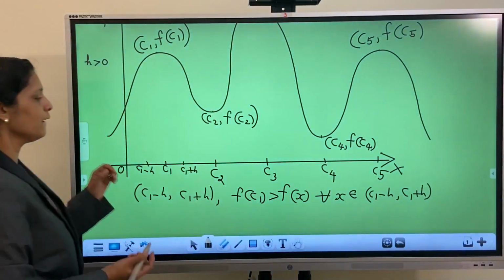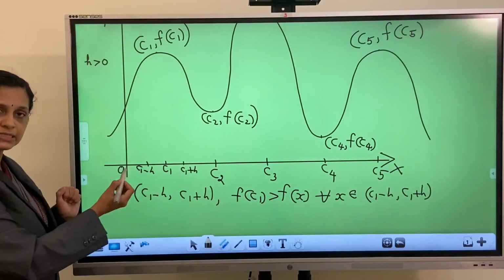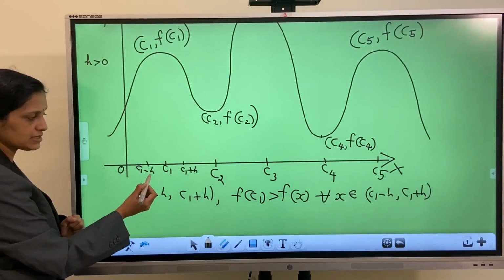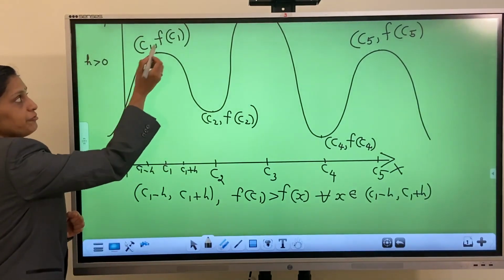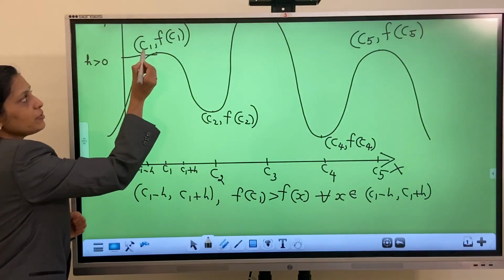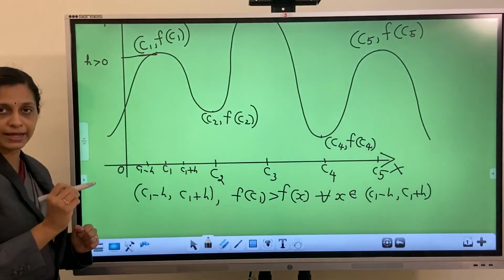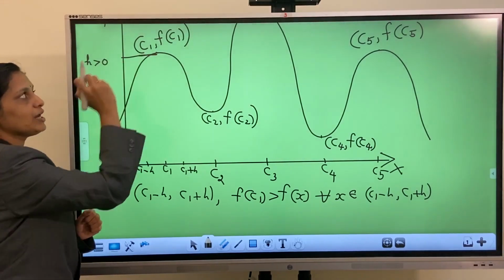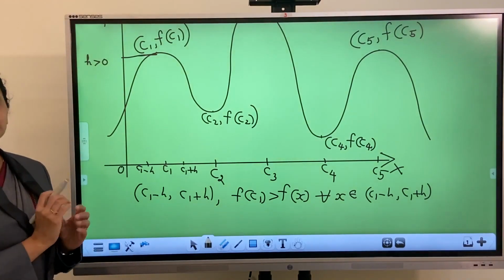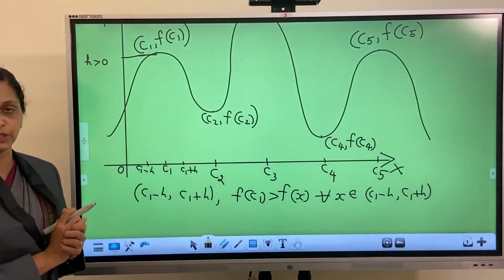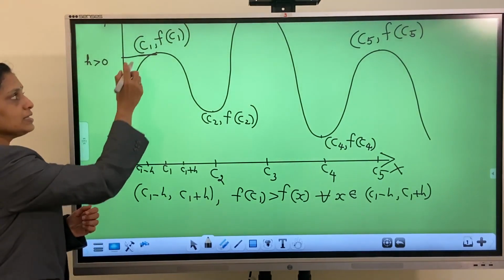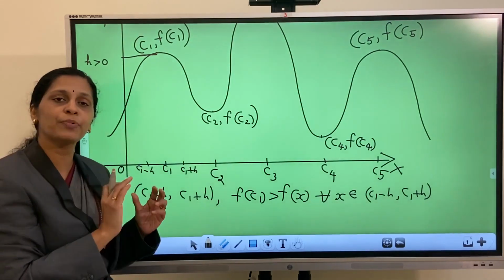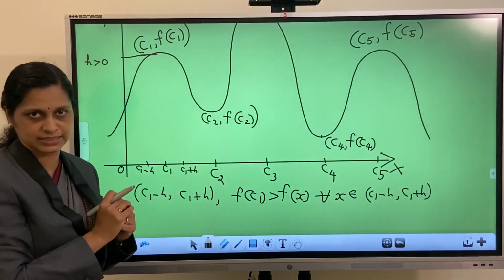Look here, when we are considering the interval C1 minus h, C1 plus h, in this interval f of C1 is the maximum value attained by our function. Therefore, we are calling f of C1 the local maximum value of our function f of x, and C1 is known as the point of local maxima.